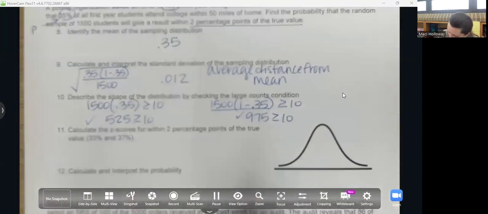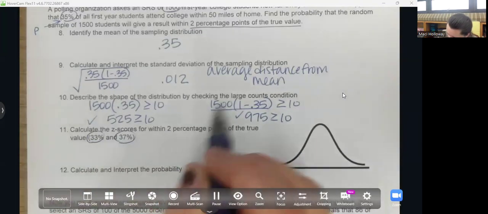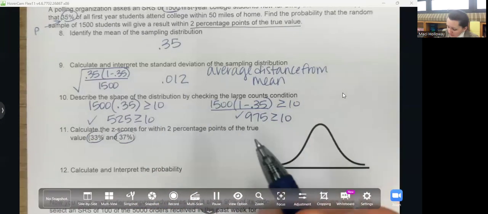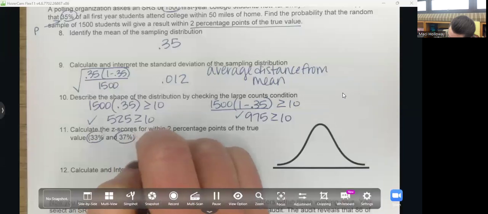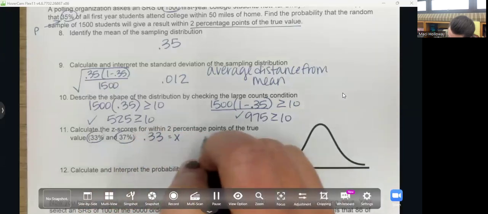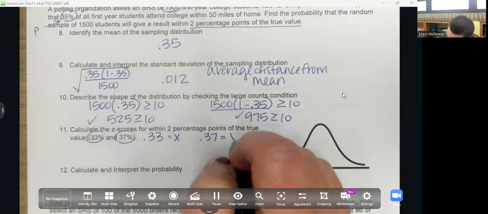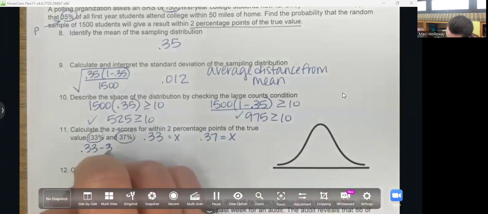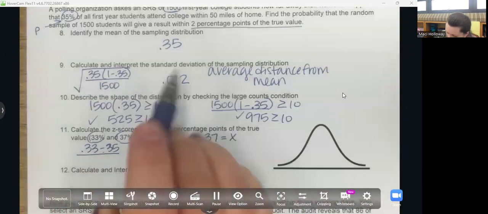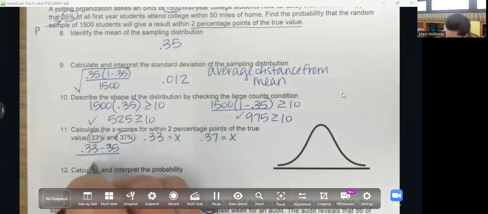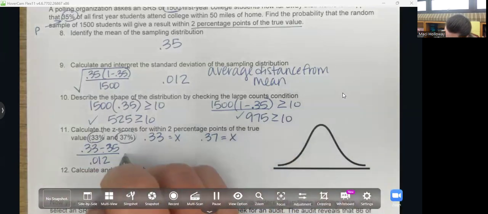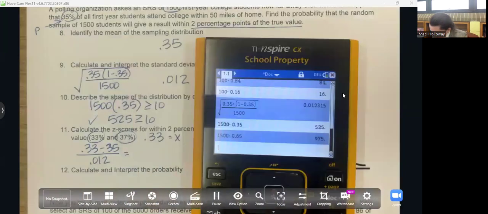We're going to use 33 and 37 because that's within 2 percentage points of 35, right? So we're going to use 0.33 and 0.37 as our x values. So we'll do 0.33 minus 0.35, because that was our mean, divided by our standard deviation, which is 0.012. And then we'll go ahead and calculate that.